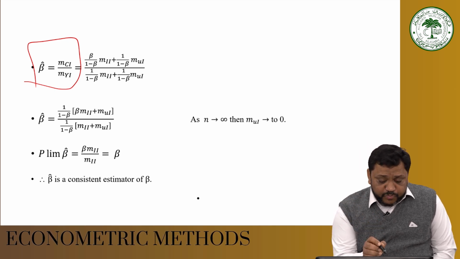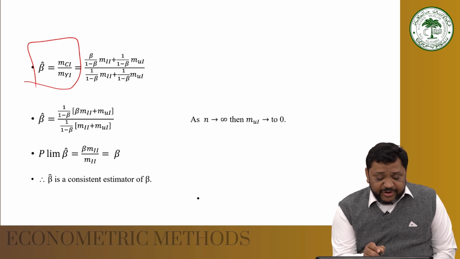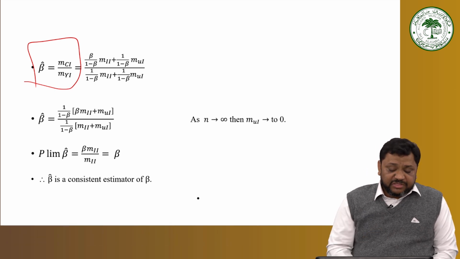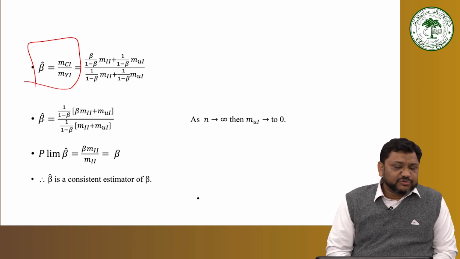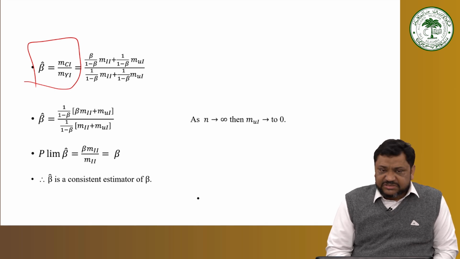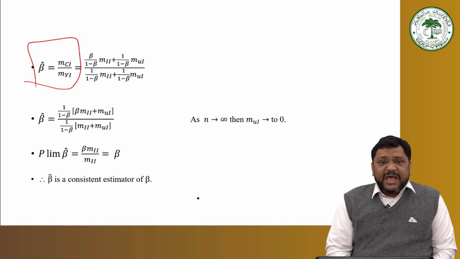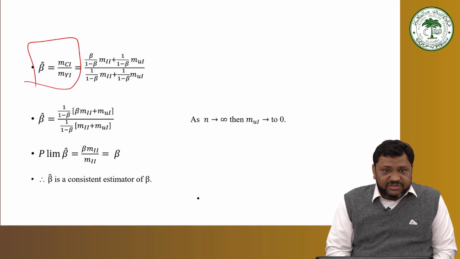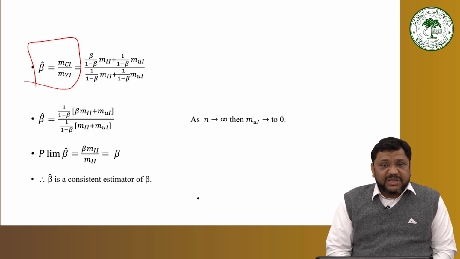Now what we do, in the numerator I take out 1 upon 1 minus beta as common outside, and in the bracket I write what is left. From the first term it is beta m_ii, and from the second term plus m_ui. So the numerator becomes 1 upon 1 minus beta bracket open beta m_ii plus m_ui.